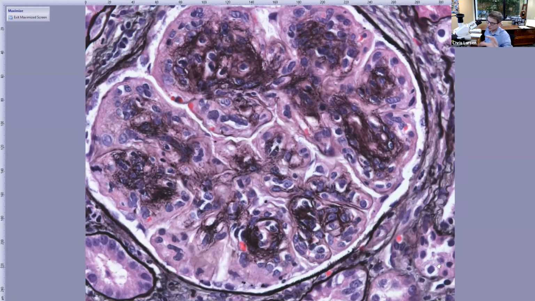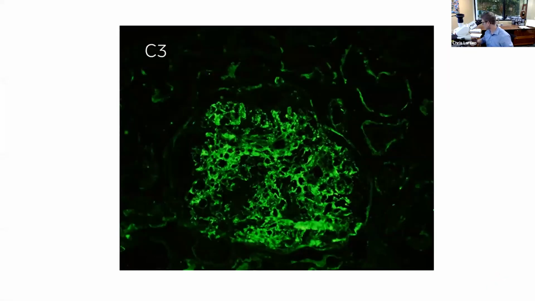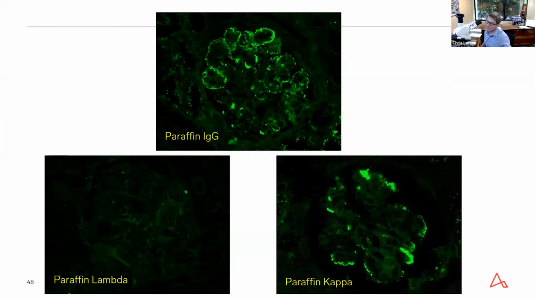We got that history of a man with an M spike. We now have our light microscopy of an MPGN pattern, and our immunofluorescence. Not surprisingly, it's going to show C3-only staining. This time, paraffin immunofluorescence is performed.